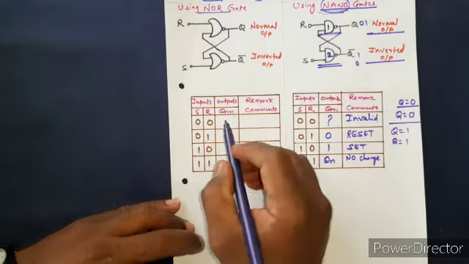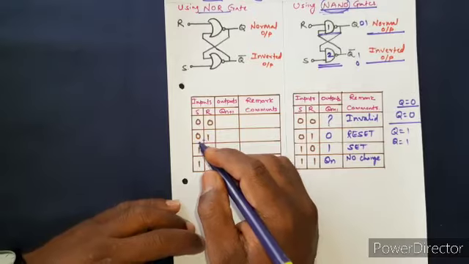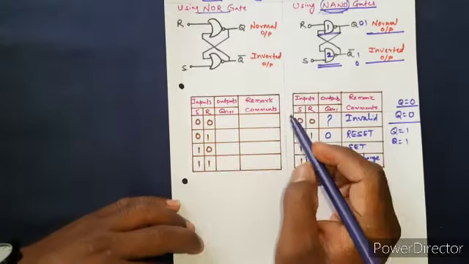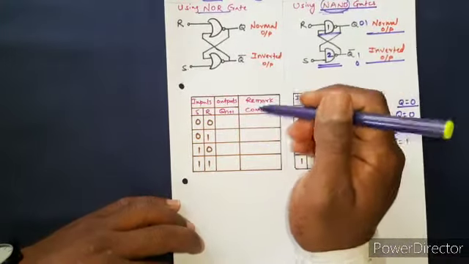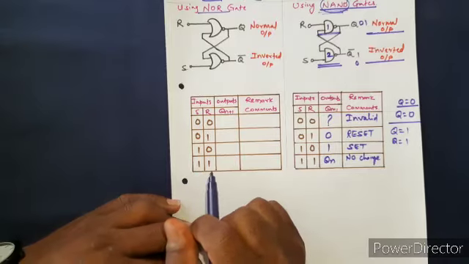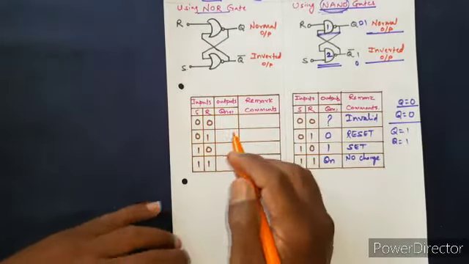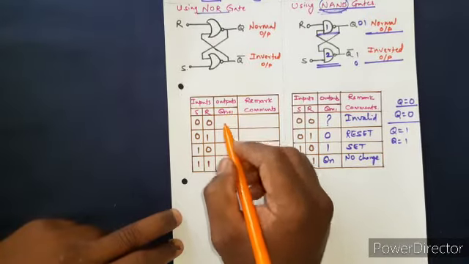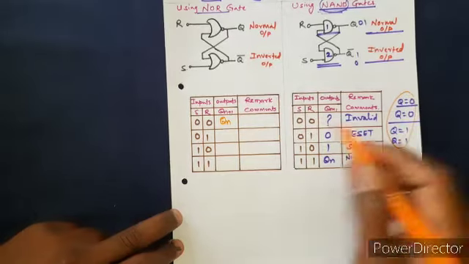I hope that you have yourself tried to understand by considering different cases here. For 0 0, as far as the NOR gate is concerned, the output remains as it is.